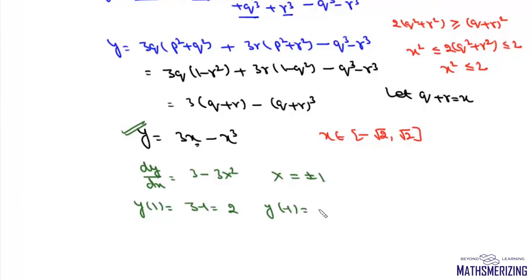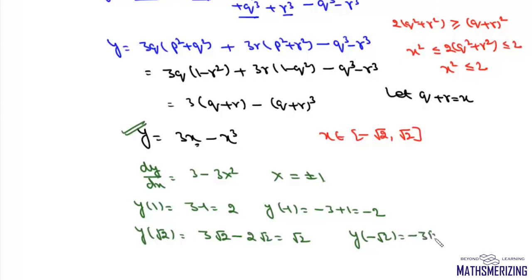Value of y at minus 1 will be minus 3 plus 1, which is minus 2. Value at root 2 will be 3 root 2 minus 2 root 2, which is root 2, and value of y at minus root 2 will be minus 3 root 2 plus 2 root 2, which is minus root 2.